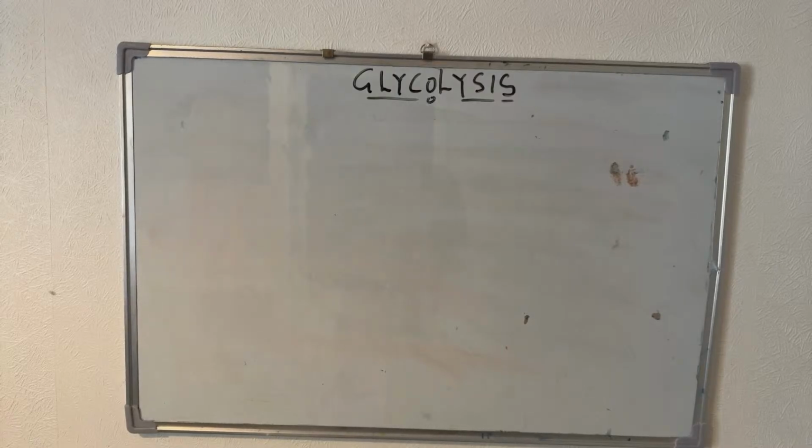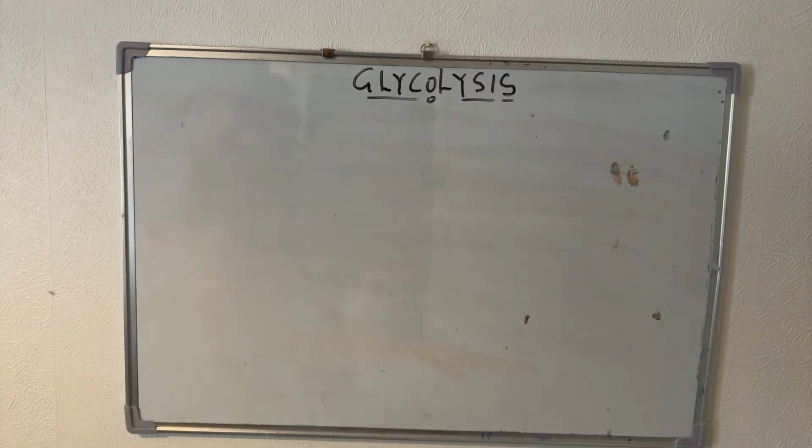We're going to look at that. It's a different process on its own. It is coupled with glycolysis, the citric acid cycle, and oxidative phosphorylation. Okay, so let's go back to glycolysis.